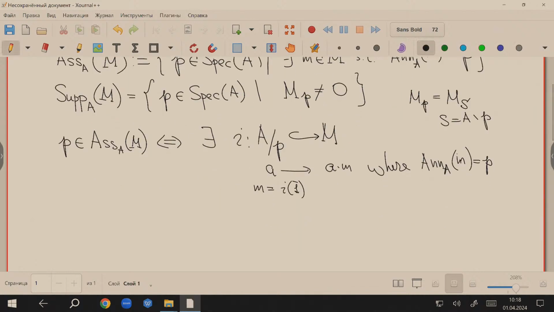Соответственно, if you have this inclusion, notice that localization is exact.